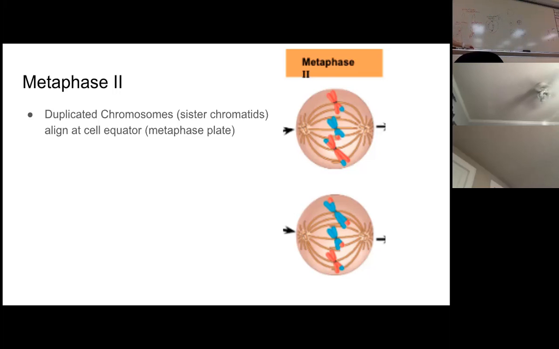So before, we had these lined up in homologous chromosome pairs in metaphase 1. Metaphase 2, they're lined up as sister chromatid pairs.